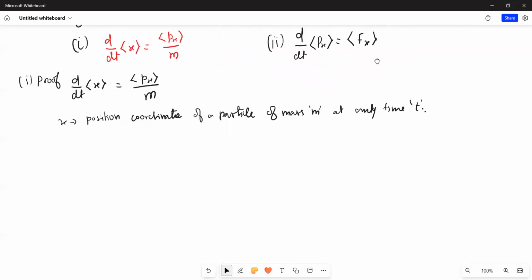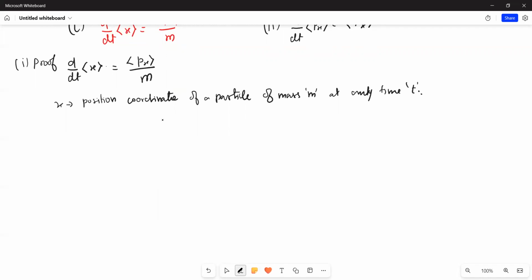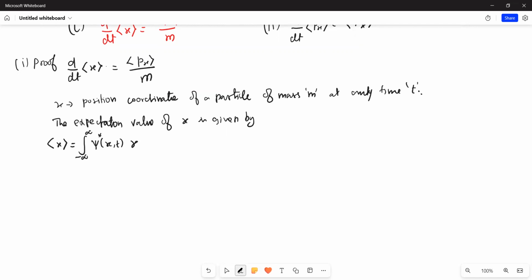Now think about only the expectation value of x, which is given by the integral from minus infinity to plus infinity of psi star of x comma t, then x, then psi of x comma t dx. Consider this equation number 1.